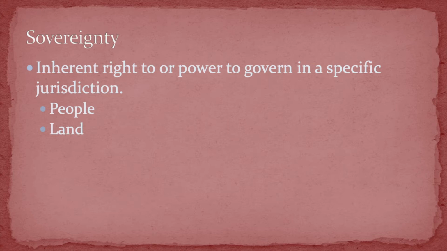And remember, when we talk about jurisdiction, it can be territorial, and it also can be over people. Now, when we get into legal jurisdictions, there are more types of jurisdictions, but for today's discussion, let's focus right now on these types as they relate to the general concept of sovereignty.